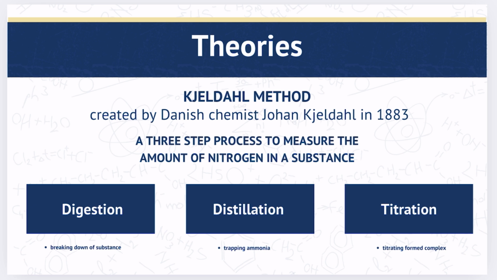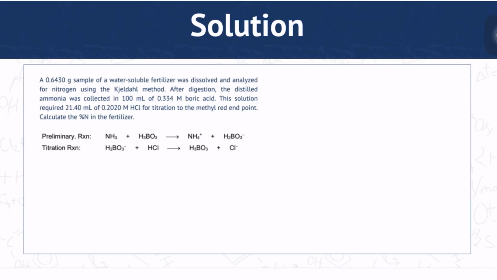And this liquid is what you use to titrate with your substance of known concentration, or your titrant. And that is the gist of the Kjeldahl method, which brings us back to our problem.